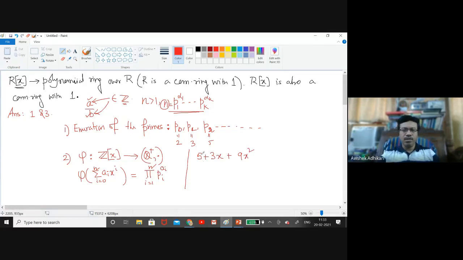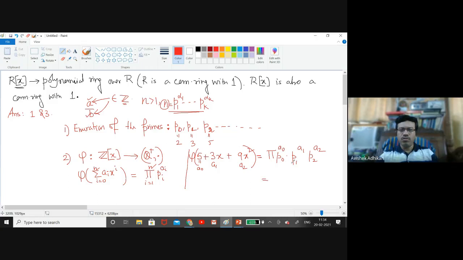Now, phi of this, what will be this value according to this definition? Could you please tell me what this value would be? This is your A0, this is your A1, and this is your A2. So this will be the product of P0 to the power A0, into P1 to the power A1, and then P2 to the power A2.